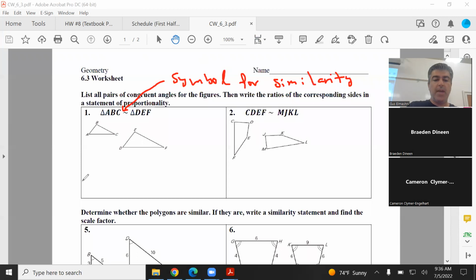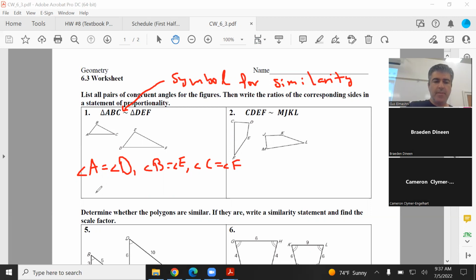So what it means is that angle A equals angle D. Angle B equals angle E. Let me do the angle symbols, it's probably better, just be more proper. So angle A equals angle D. Angle B equals angle E. And angle C equals angle F. So that's going to be all pairs of congruent angles.